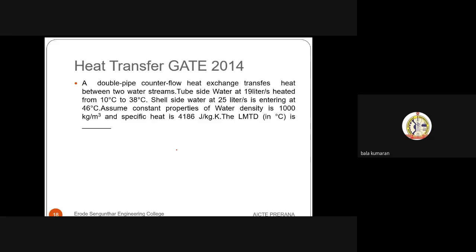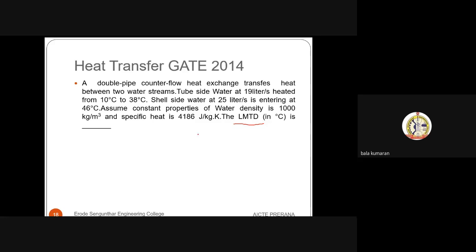Shell side water enters at 46 degrees Celsius. Assume constant properties of water: density is 1000 kilogram per meter cubed and specific heat is 4186 joule per kg Kelvin. The LMTD in degrees Celsius is asked. Now they have asked you to find LMTD. The LMTD formula is, as I said before, a simple formula.